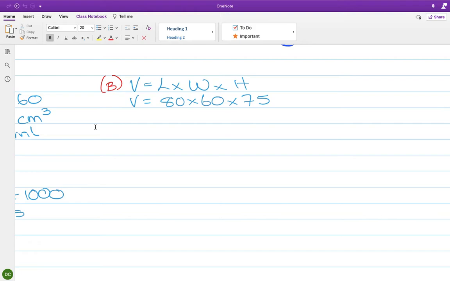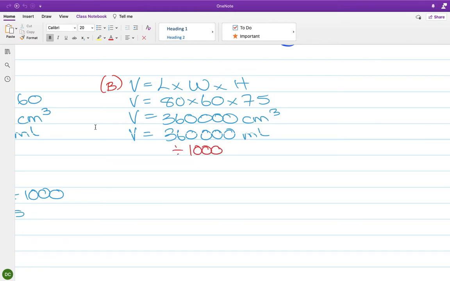Okay, so same thing. 80 by 60 by 75 is 360,000. And that's centimeters cubed. Convert that into mils. And then same thing, we're going to divide by 1,000. So it's 360 litres. For the big one.